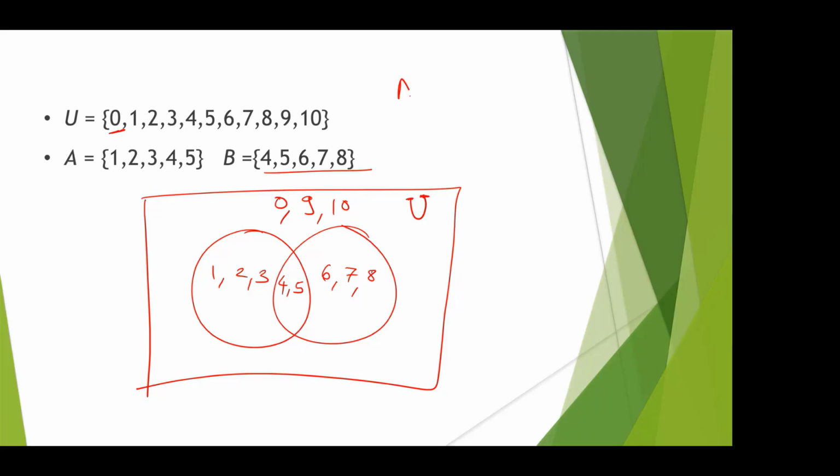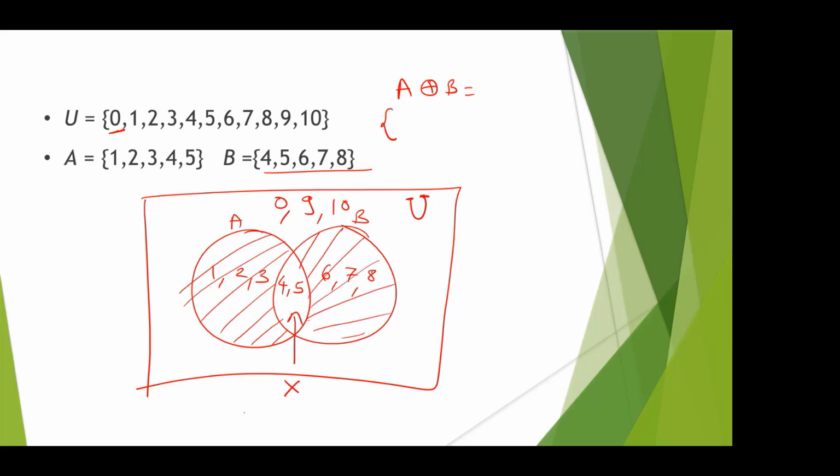Now, if I have to find the symmetric difference, then those are elements either in A or in B, but not in both. We are only considering elements which are either in A or in B. We are not considering the elements in the intersection, so this we are not going to take. We take 1, 2, 3 from A and 6, 7, 8 from B, because those elements do not occur in the intersecting area.